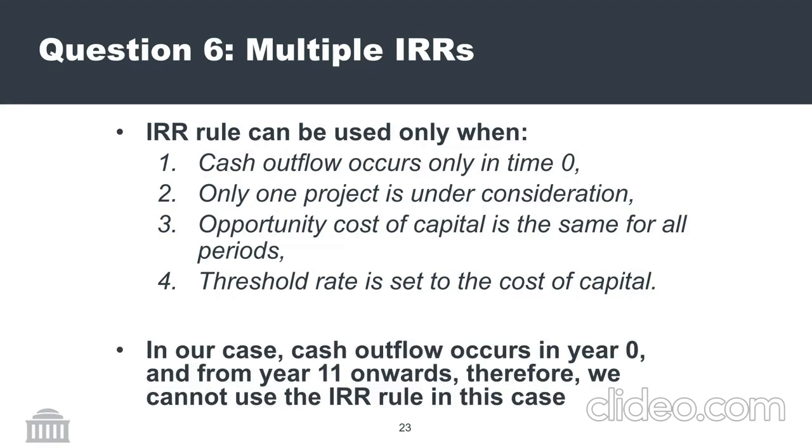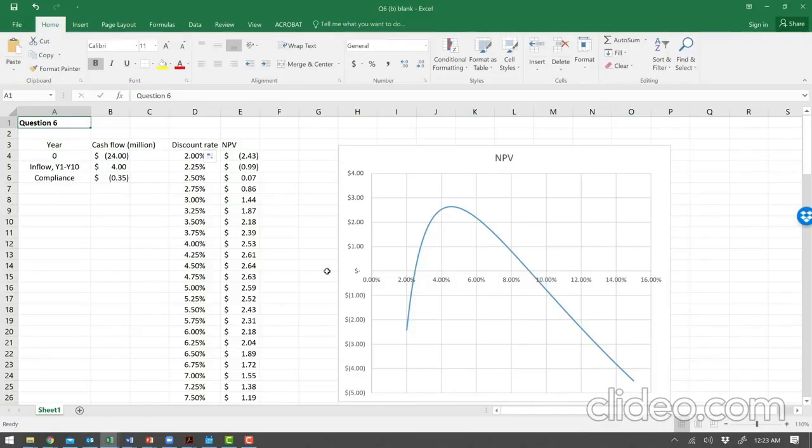In our case, cash outflow occurs in year 0 as well as from year 11 onwards. Therefore, we cannot use the internal rate of return rule to make an investment decision in this case.